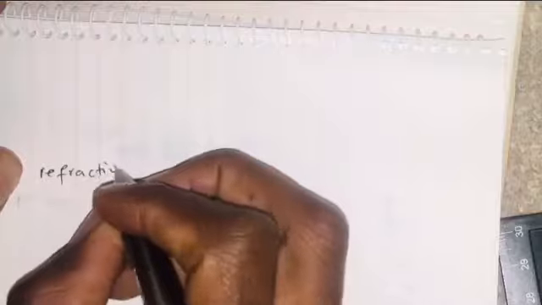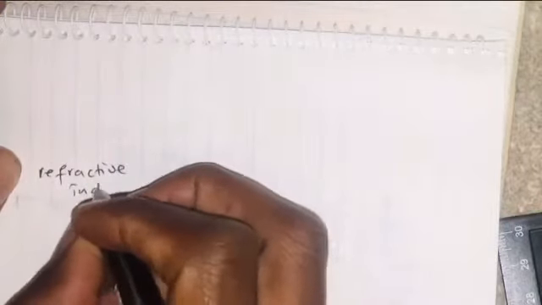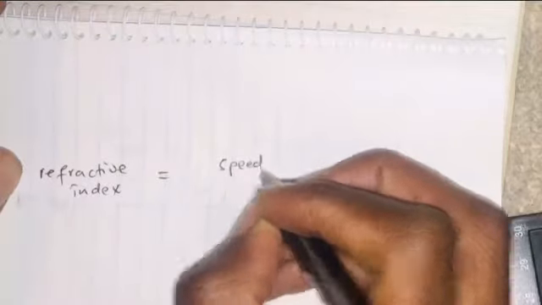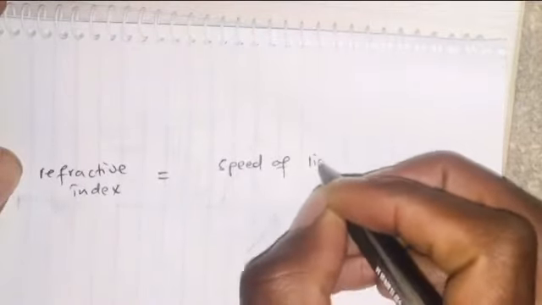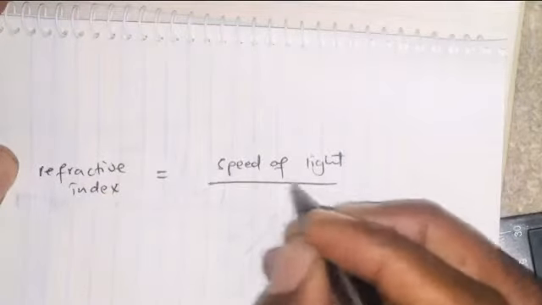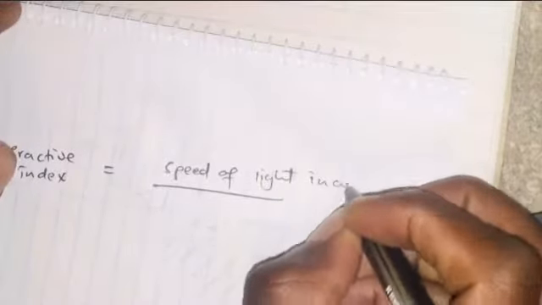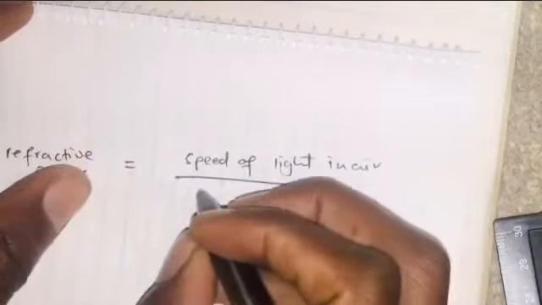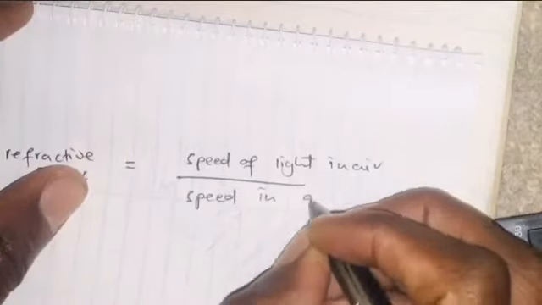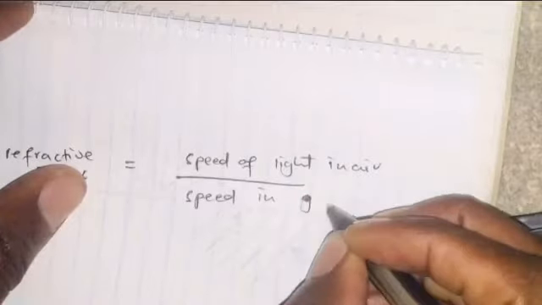So the refractive index is equal to the speed of light in air over the speed in glass, or rather here we are using ice.